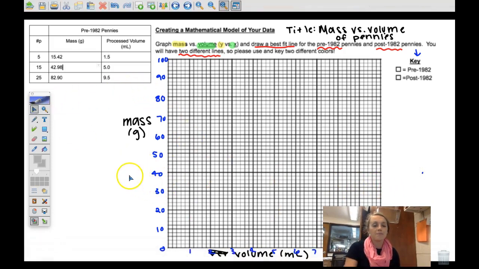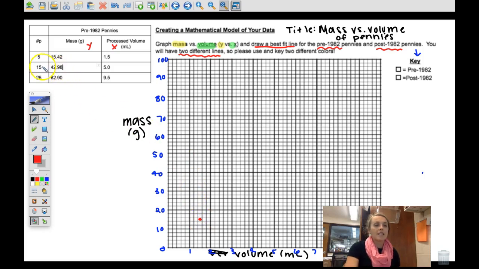Sorry about that. In order to graph my data, I have to look at my mass and my volume as my x and y coordinates. So my volume is my x and my mass is my y. So for my first data point, I'm going to go up to 15 and then over by 1.5.